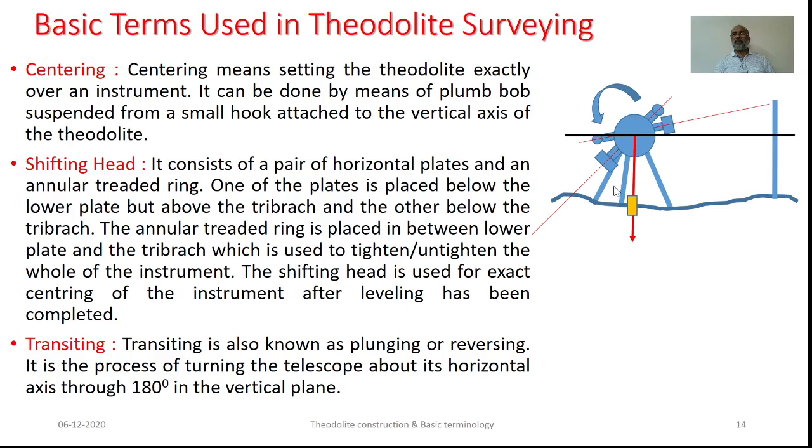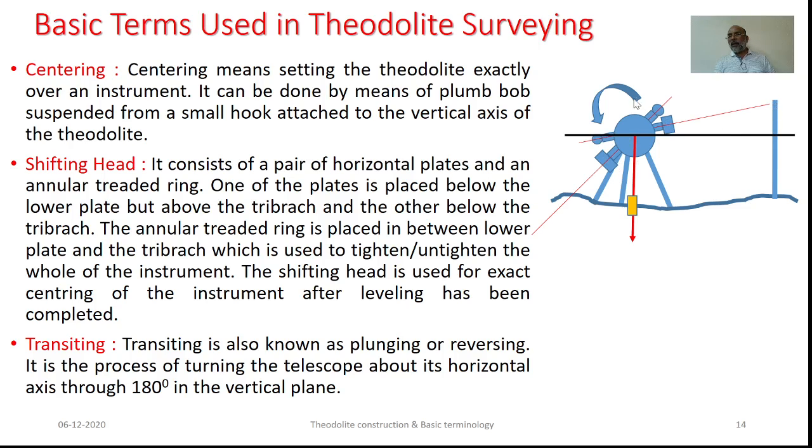In addition, in order to sight the objects in the forward direction as well as in the backward direction, we can rotate the telescope in the vertical plane. The way you see here, now the telescope is sighting the object in the forward manner.